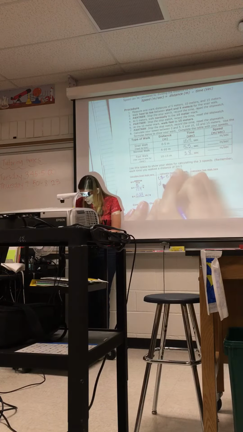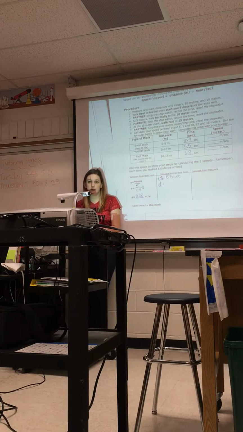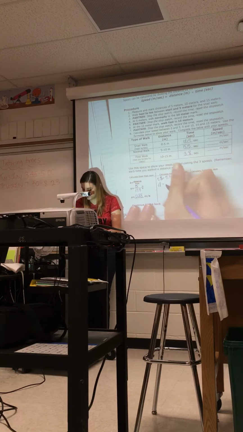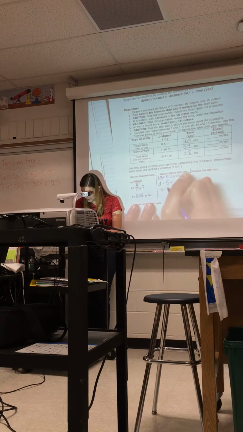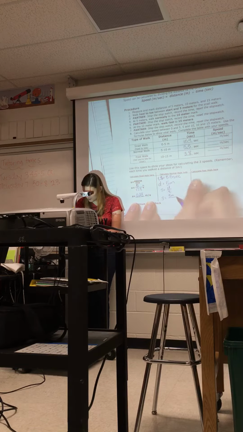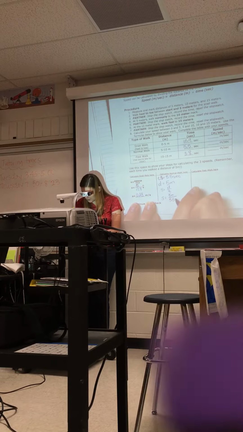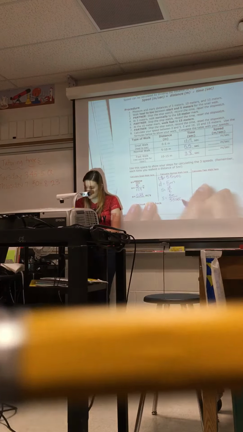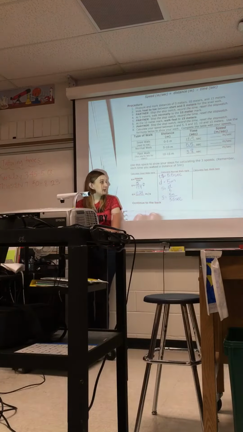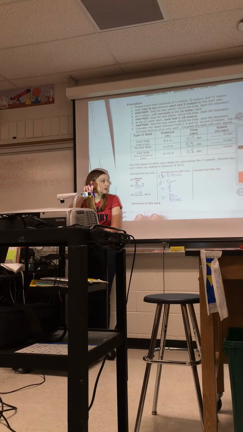My distance, how far did I walk for the normal walk? 5 meters. So speed equals distance over time. S equals, my distance needs to go on top, so I put the 5 meters on top. My time needs to go on bottom, 5.5 seconds on bottom. And can somebody calculate that for me?